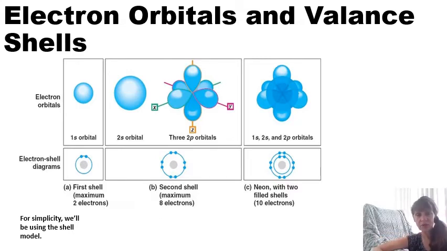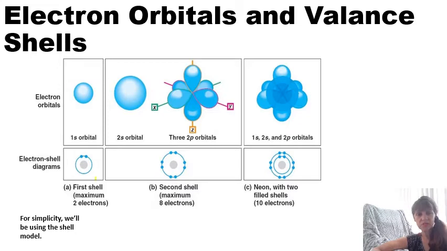If we look at the lower diagram, or the lower portion of the diagram, we'll notice that the nucleus is identified by a gray circle, and there are circles around that gray circle in turquoise.